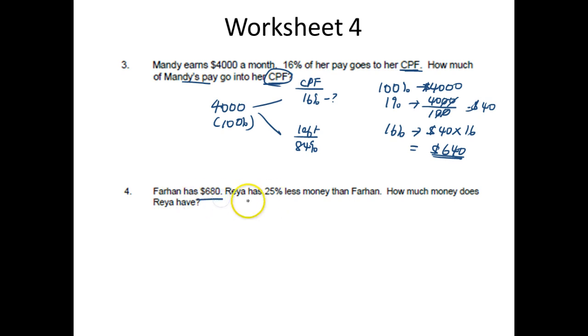Farhan has $680. Ria has 25% less than Farhan. So Farhan is 100%. Ria has 25% less than Farhan, which is 75%. How much money does Ria have? So Farhan is 680, which is the 100%.